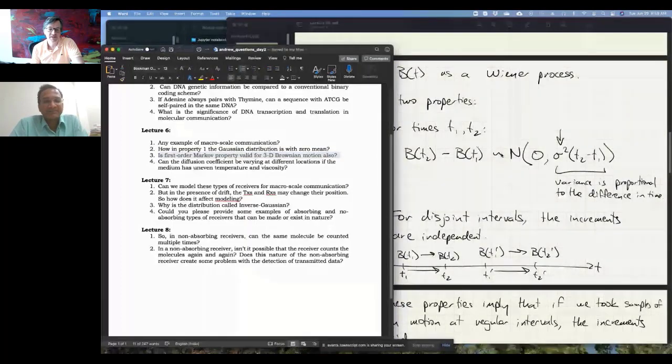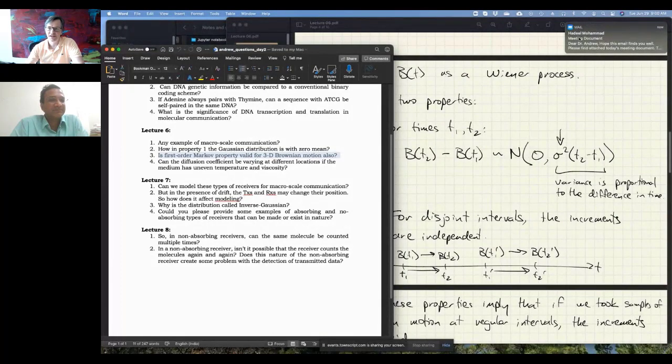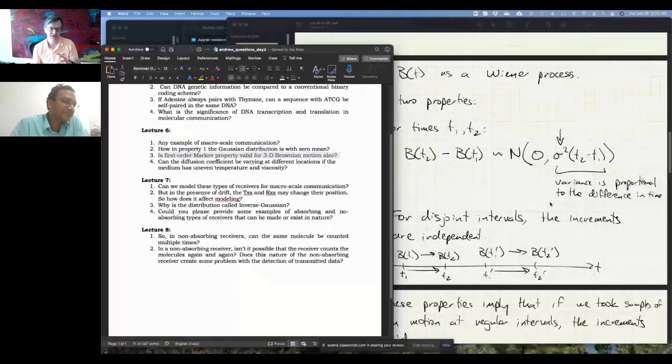In 3 dimensions, if the receiver is an infinite plane, then only the distance to the receiver is important. So this again becomes a 1-dimensional system. If, on the other hand, the receiver is some ball or something that is not infinite, then you're right. The molecule might miss the receiver.